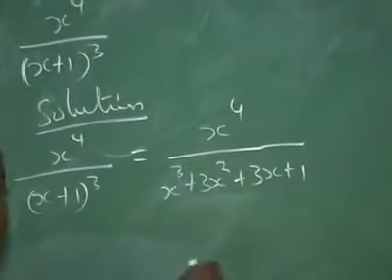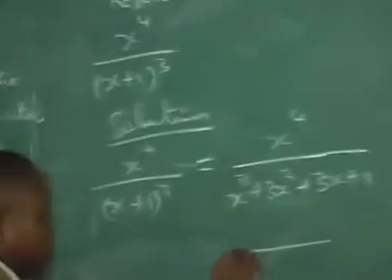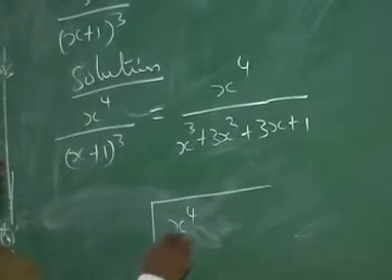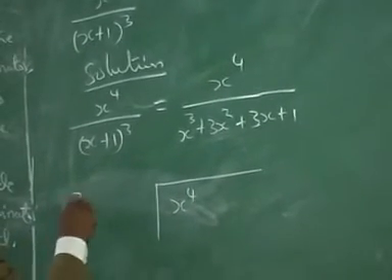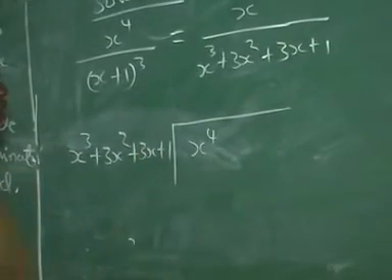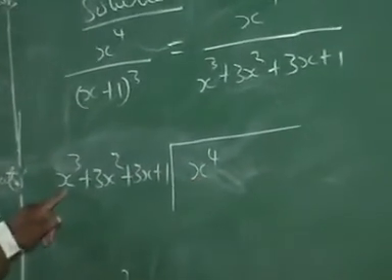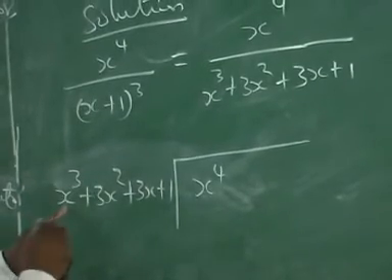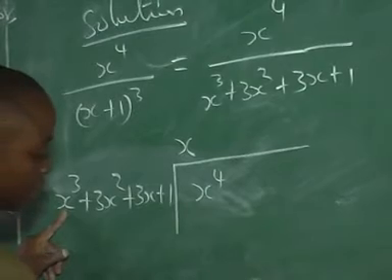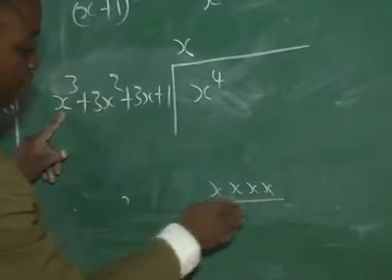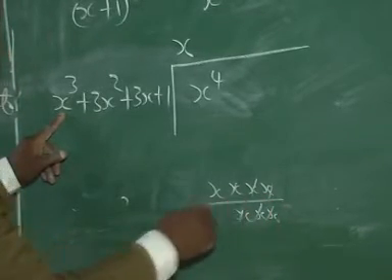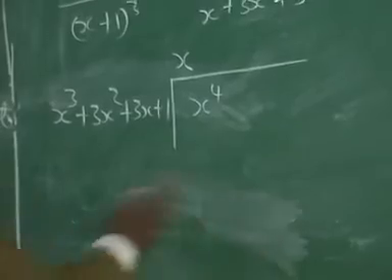By long division method, we have x raised to the power 4 divided by x cubed plus 3x squared plus 3x plus 1. Now, x raised to the power 4 divided by x raised to the power 3 will give us x, because all these cancel, remaining only 1. That's how we get it.